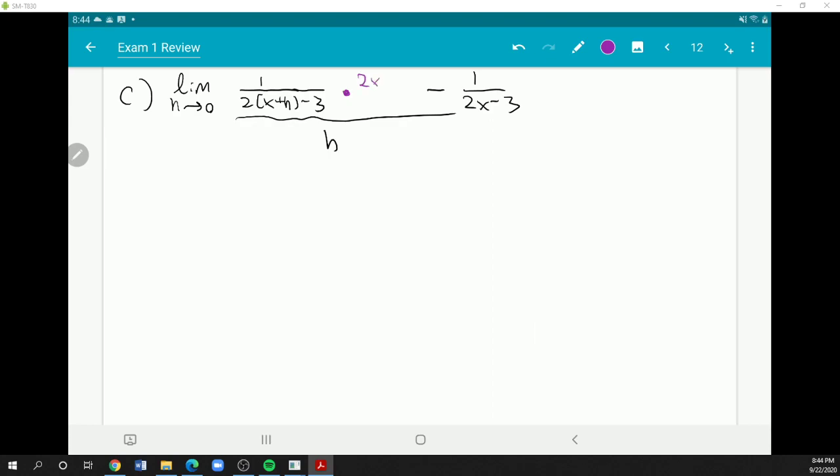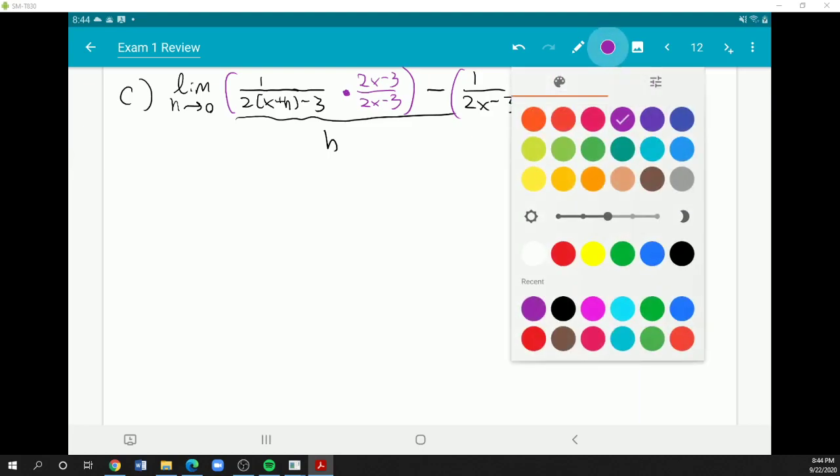So I get (2x minus 3) over (2x minus 3) times (2(x plus h) minus 3) over (2(x plus h) minus 3). And this will guarantee that I get a common denominator for these two things, which is my entire goal.